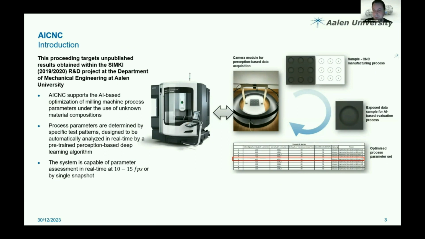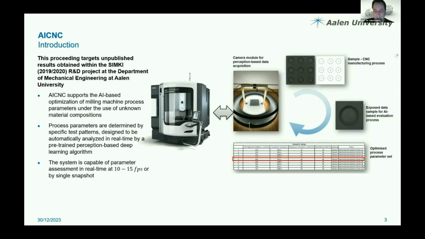The AI-CNC algorithm we developed is an algorithm that is able to find optimized parameter settings for CNC milling process in real time by 10 to 15 frames per second or with a snapshot system.